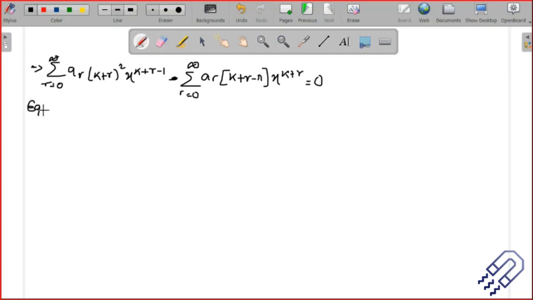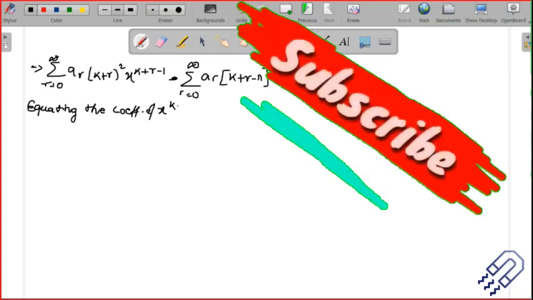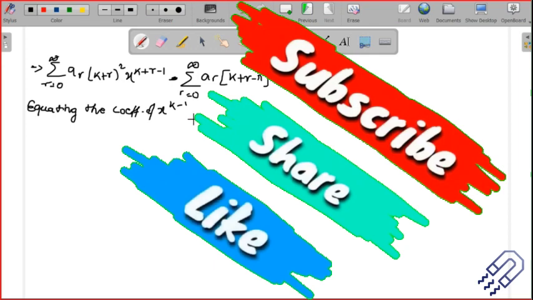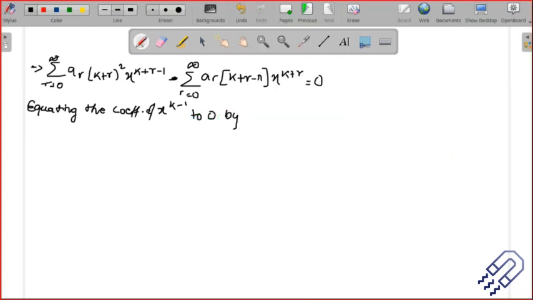So if we take that approach, we can just start with x to the power k minus 1. So equating the coefficient of x to the power k minus 1 to 0 by putting r is equal to 0. If you put r is equal to 0, we get this k minus 1 coefficient here.